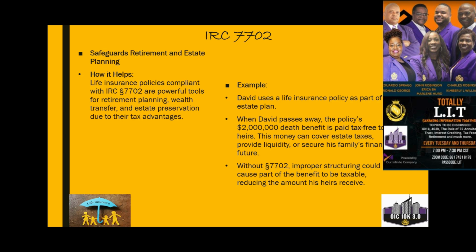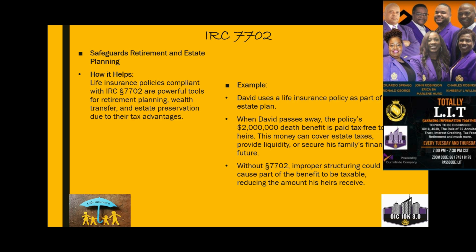Another benefit is safeguards in retirement and estate planning, how it helps the life insurance policy comply with IRC code 7702. It's a powerful tool for retirement planning, wealth transfer, and estate preservation, due to the tax advantages. So this is an example.